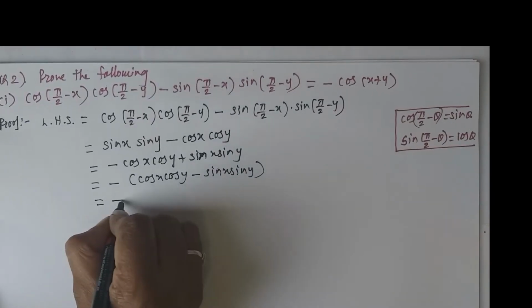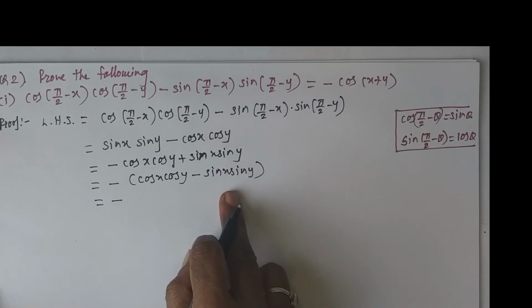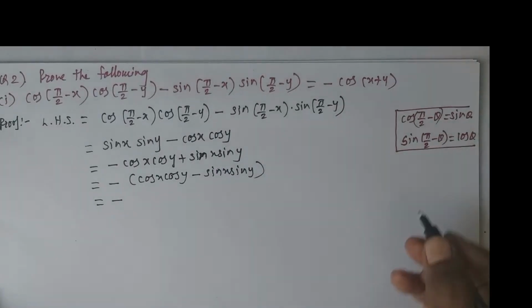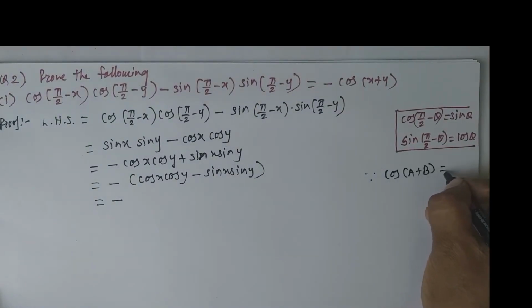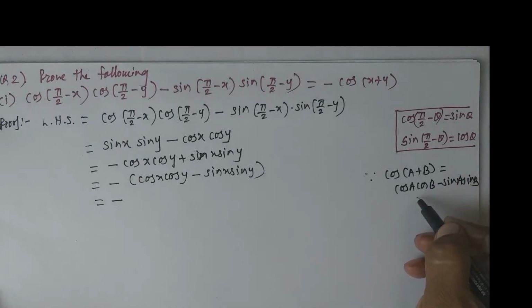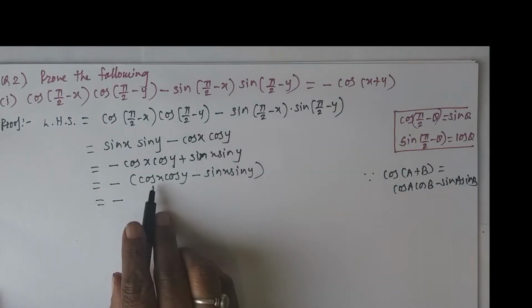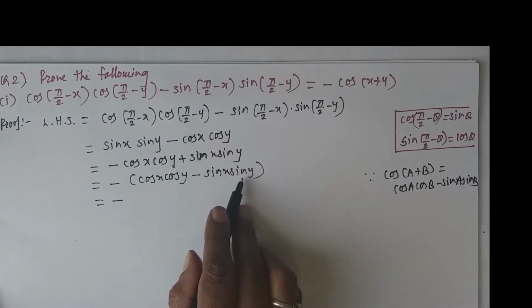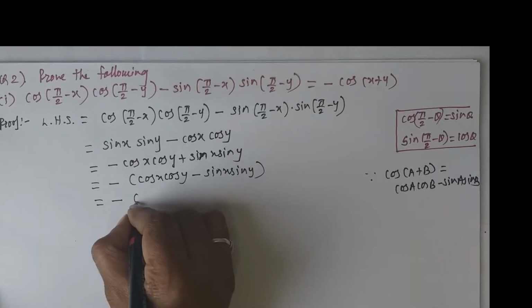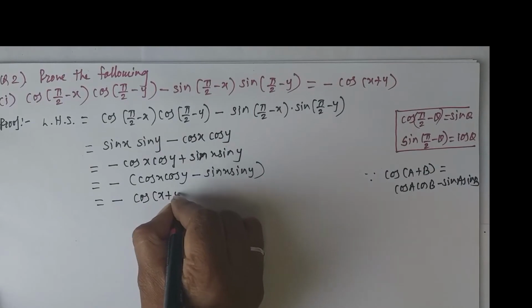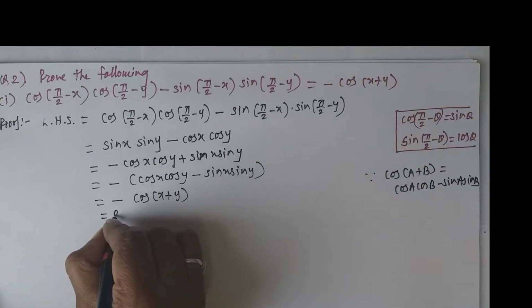And what is this? This is nothing but the formula of cos(a + b). See here, we have our first theorem. Our formula for cos(a + b) is cos a cos b minus sin a sin b, and instead of a and b, here we have x and y, means this is the formula for cos(x + y), and this is nothing but your right hand side.